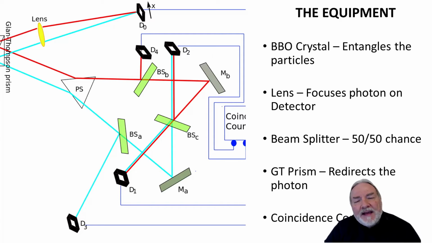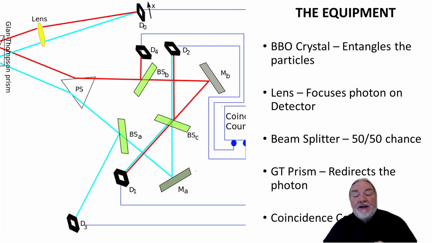The important thing is the beam splitters, because 50% of the time, and we don't know when, it's completely random, the photon goes through, and 50% of the time the photon is reflected by the beam splitter. So that's obfuscating the path of the photon. The prism just redirects the photon so that we can study it better.